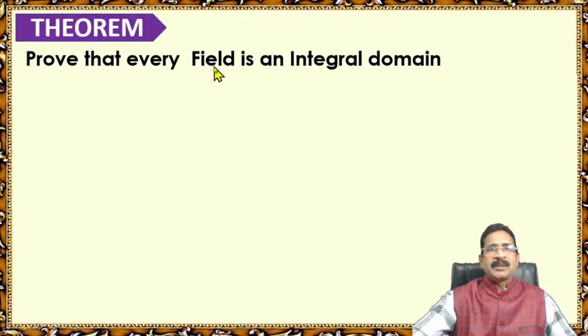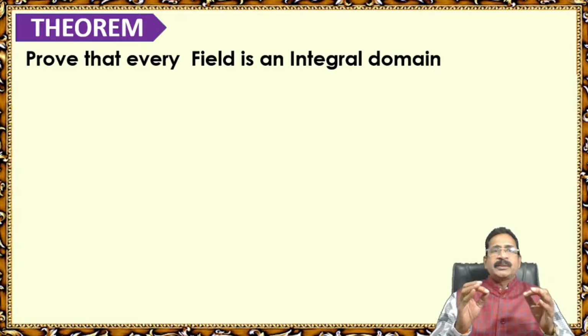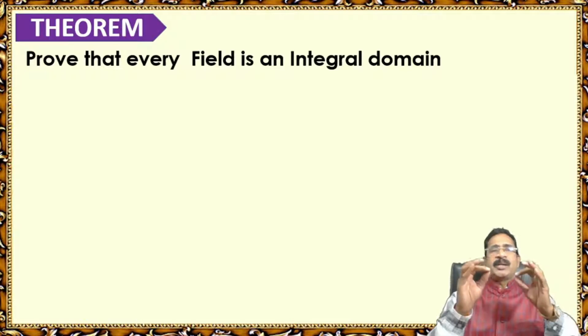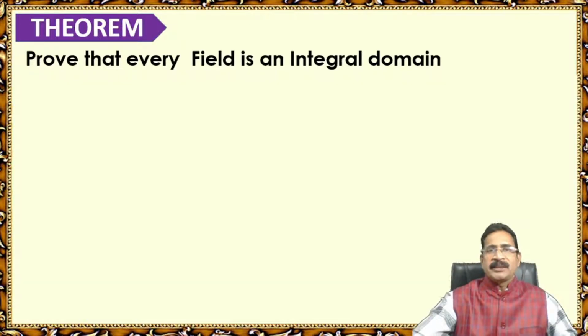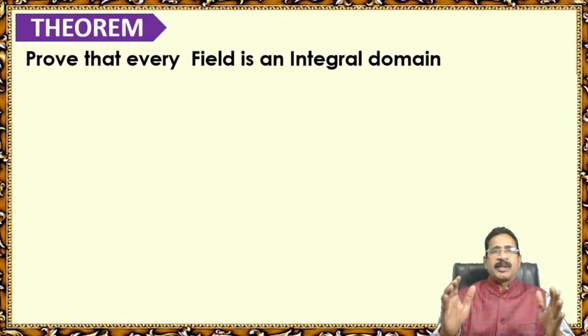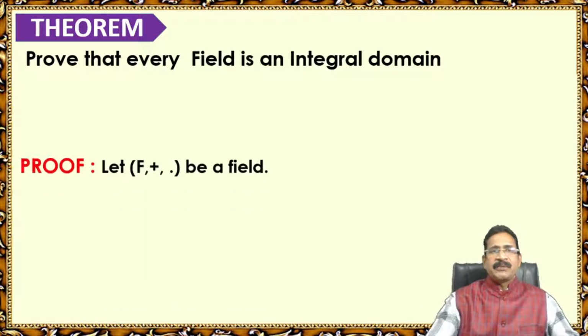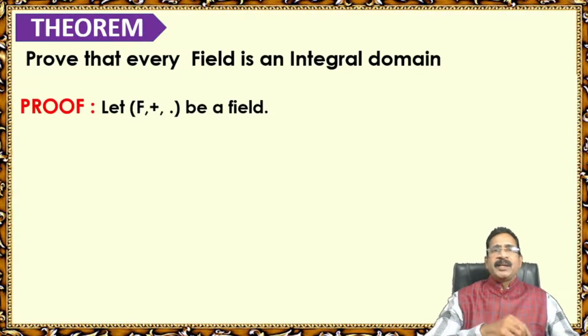A field is a commutative ring with unity element 1 in which every non-zero element has a multiplicative inverse. What is an integral domain? An integral domain is a commutative ring without zero divisors. So, you can recollect the definitions of field and integral domain.